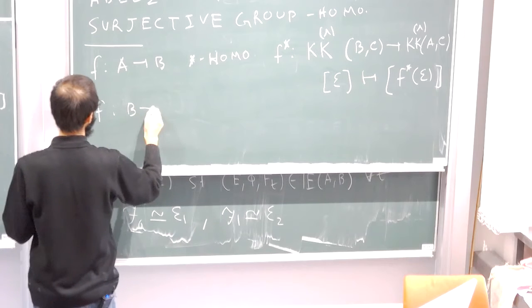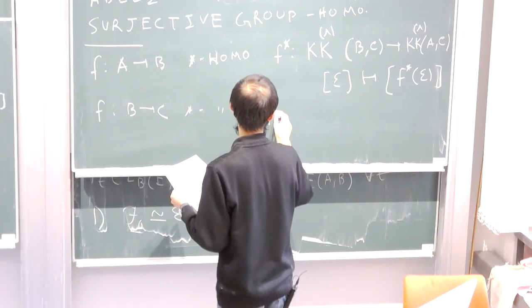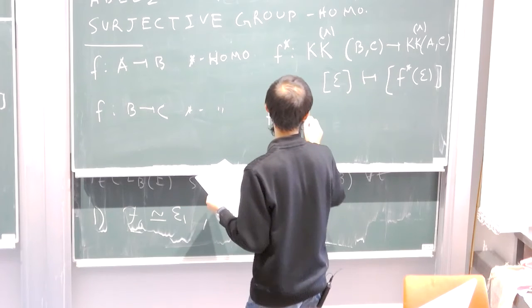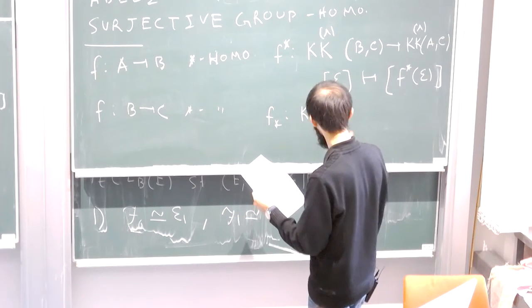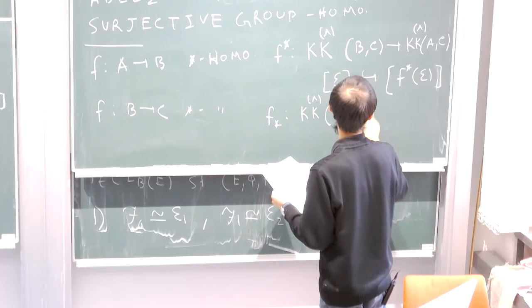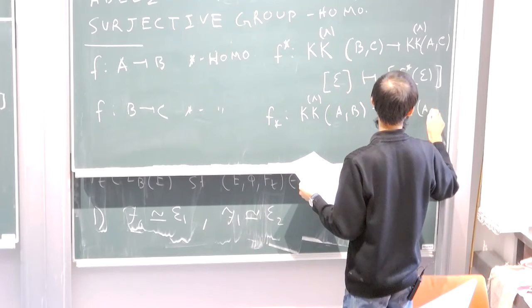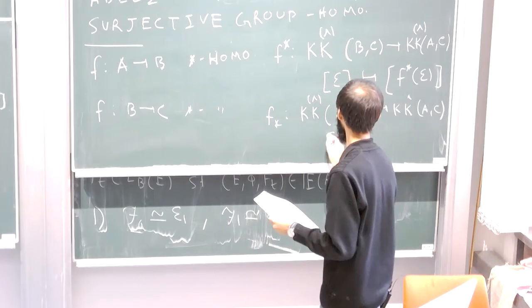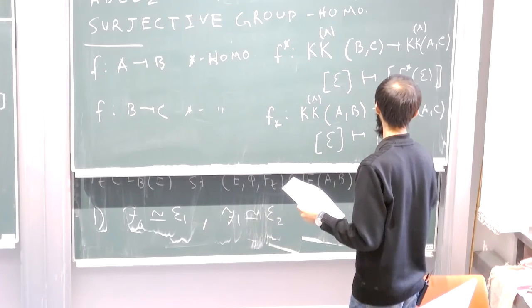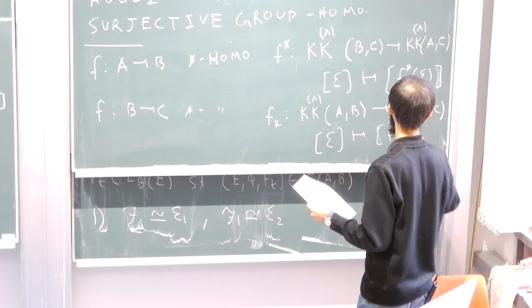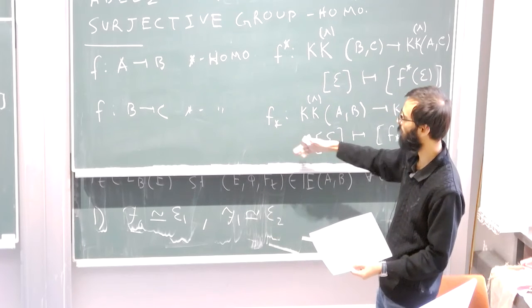If you have a star homomorphism from B to C, then the lower star is from KK(A, B) to KK(A, C). You take the class of E, and it goes on to the internal tensor product. So that is what is meant.